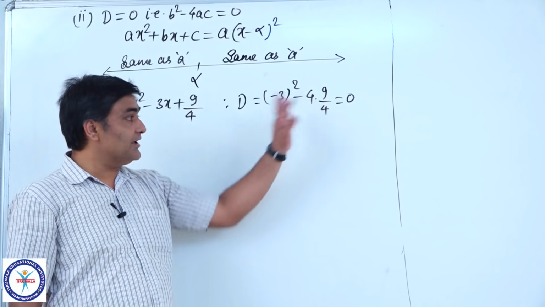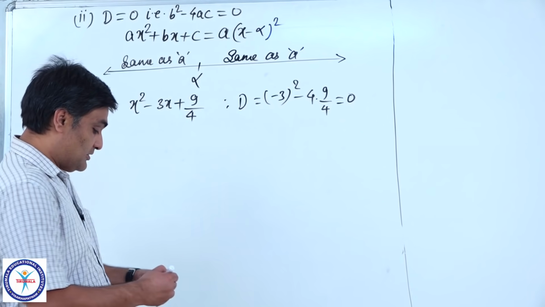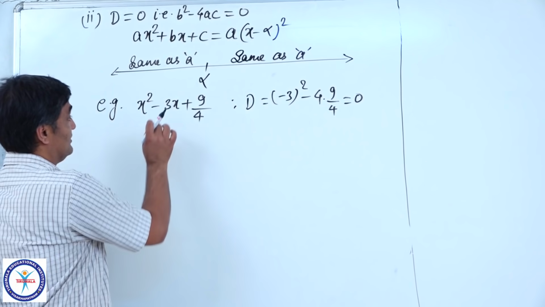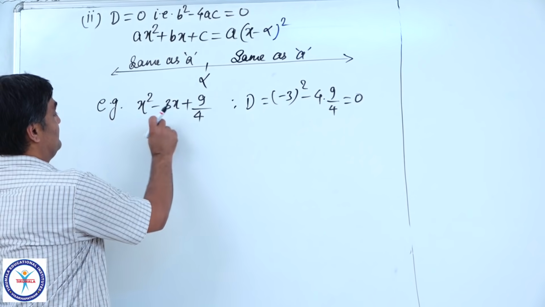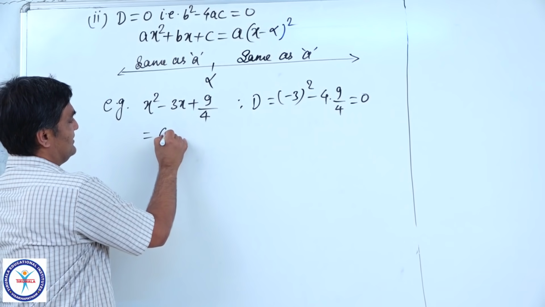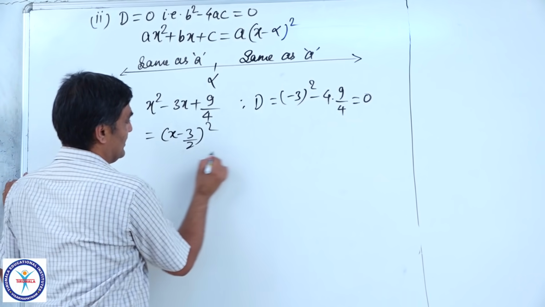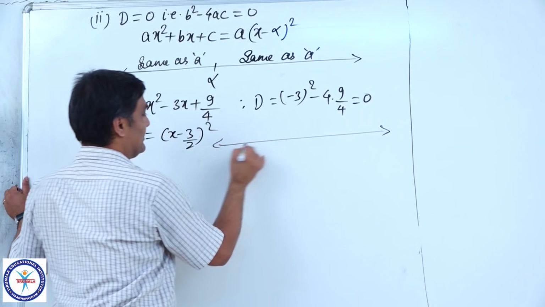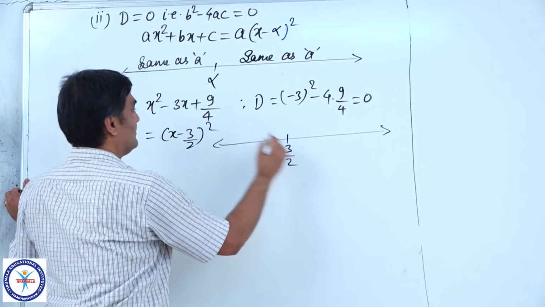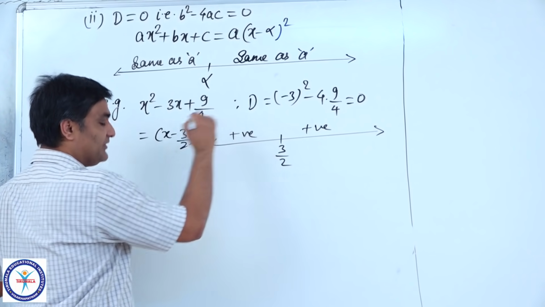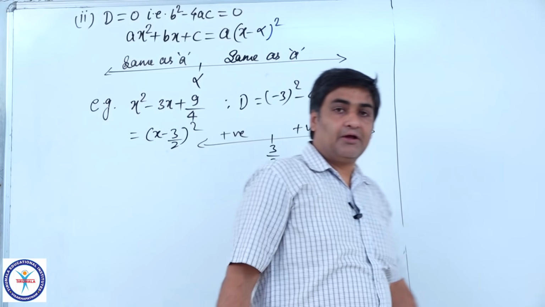Now, d is 0 and means the repeated root. The repeated root is what? 3 by 2. We can write this expression as x minus 3 by 2 whole square. And if we consider the sign scheme, coefficient of x square is positive, here also positive. Okay.